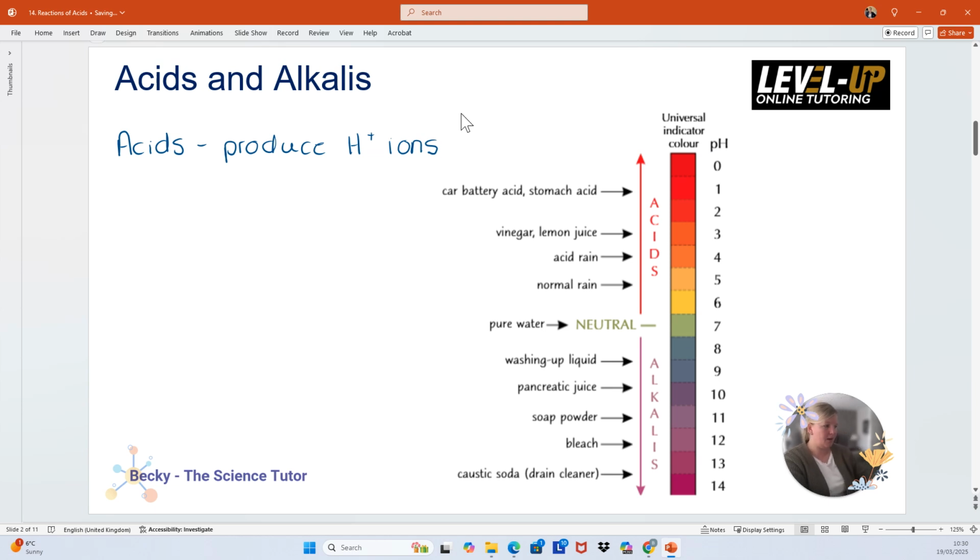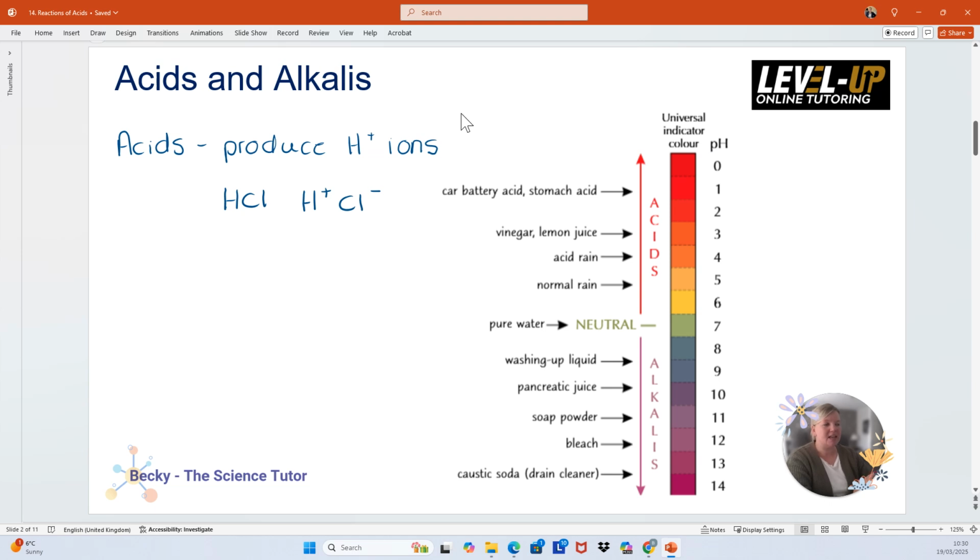So if we think about some examples, the most common example you're probably going to come across is hydrochloric acid. Now when that is put into solution, that compound dissociates and produces H+ and Cl-. So we're producing those H+. The more H+ we produce, the lower on the pH scale and the more acidic that something is.